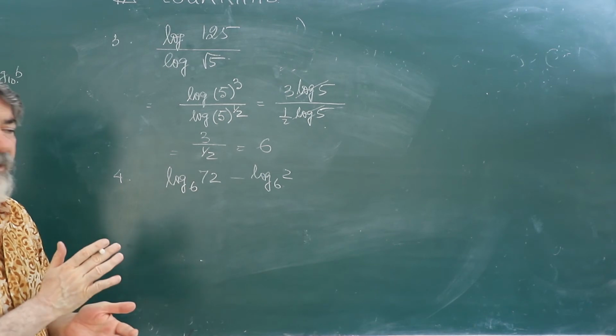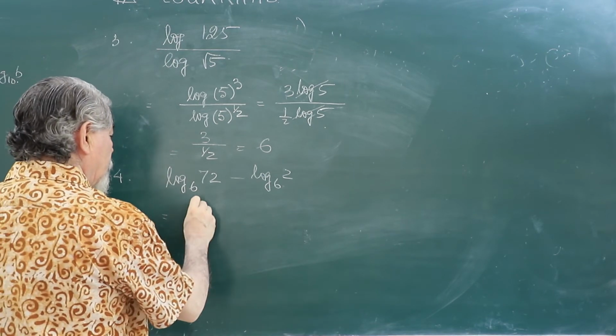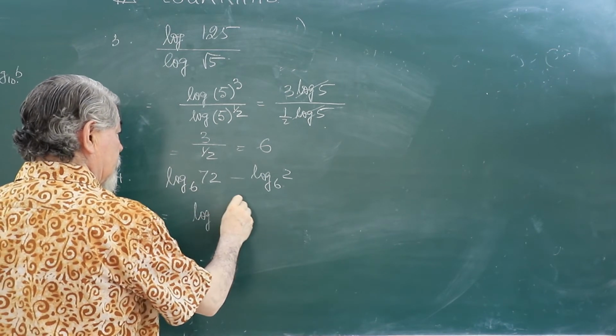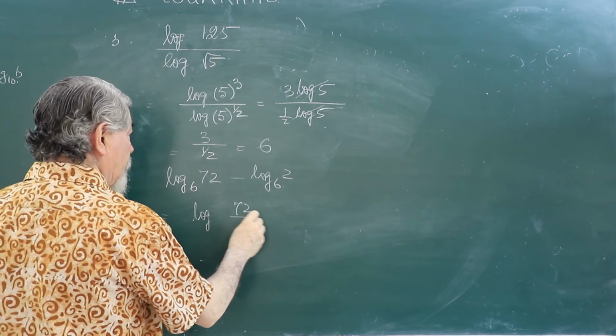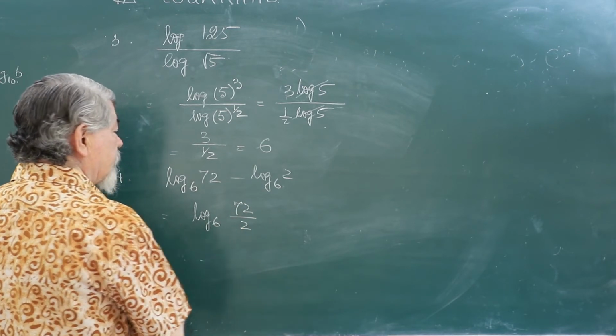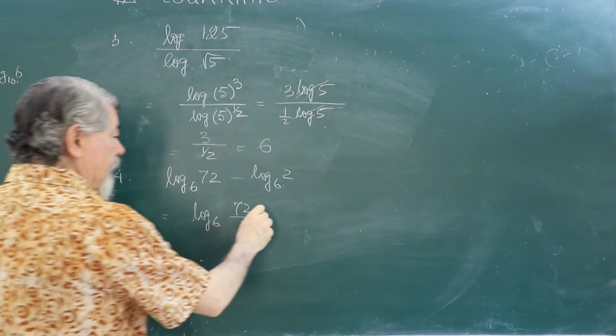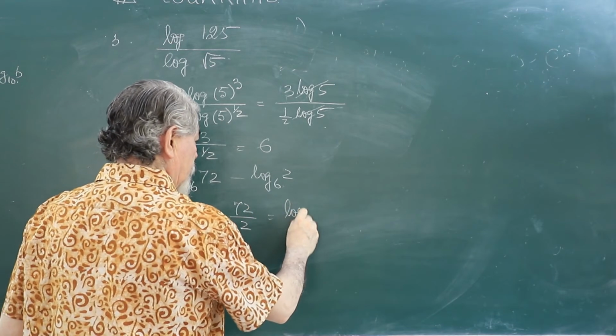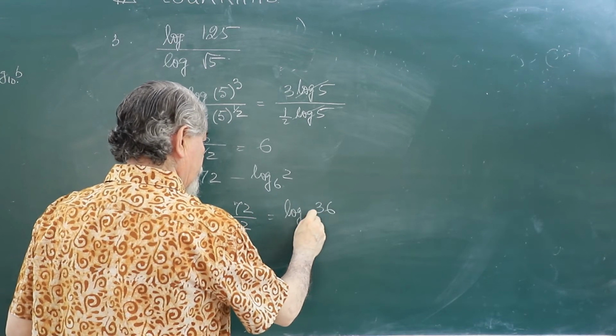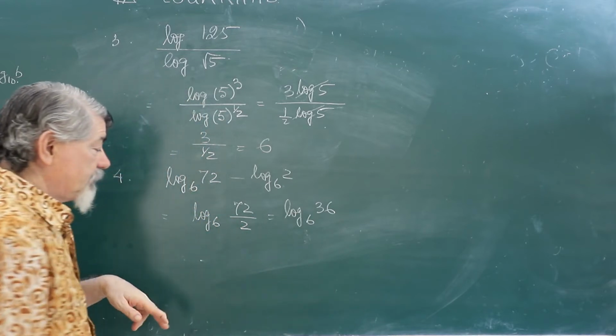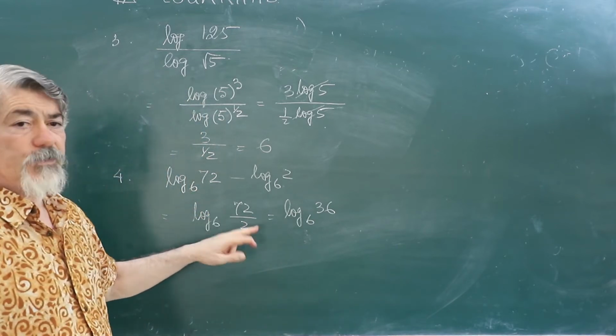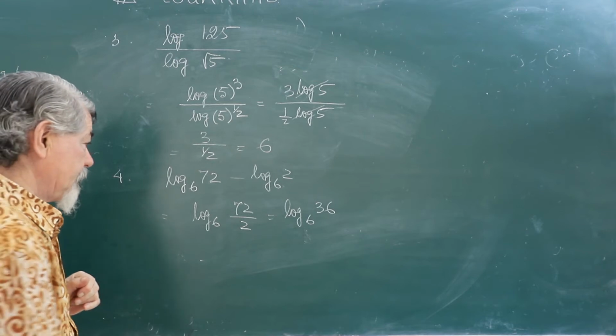That is why it can be done. So log 72 upon 2 to the base 6 will become log 36 to the base 6. Why 36? Because 72 divided by 2 will give you 36.